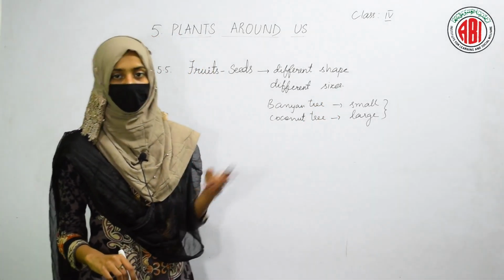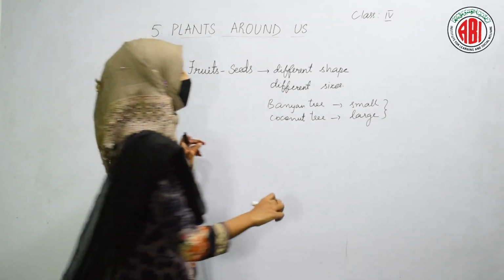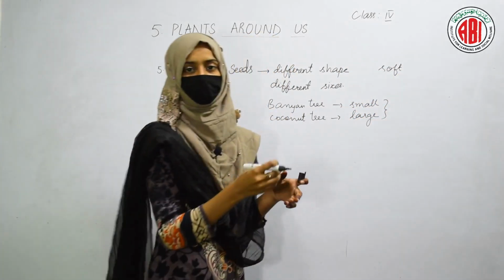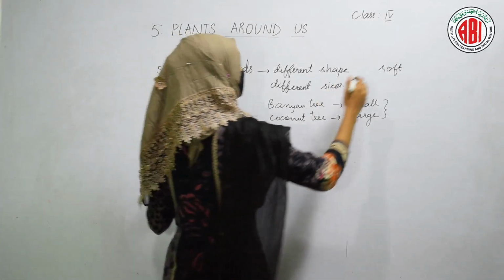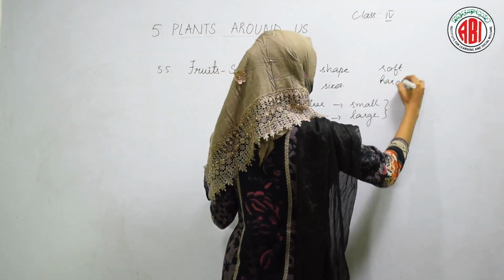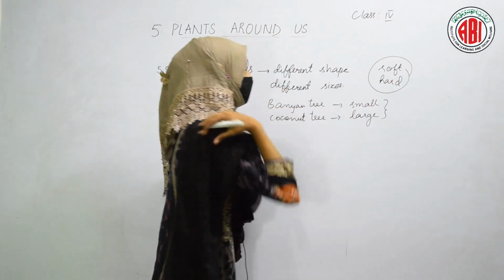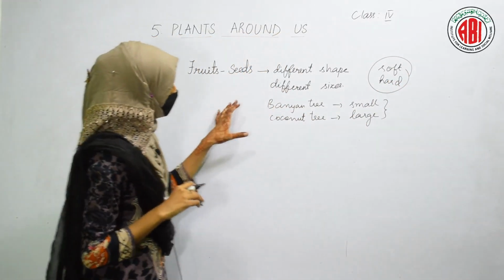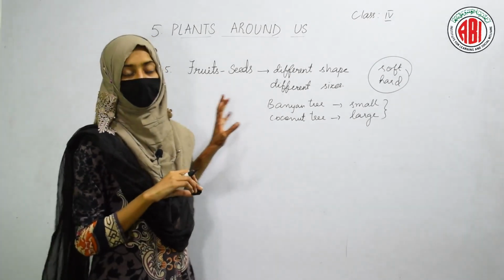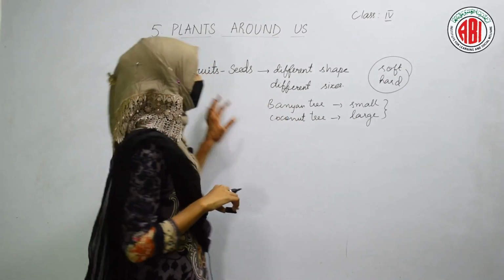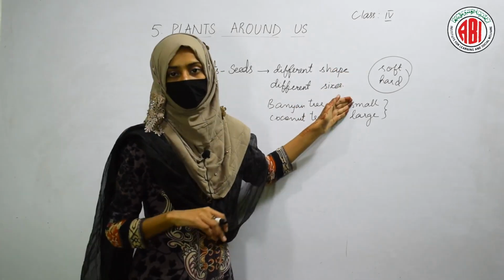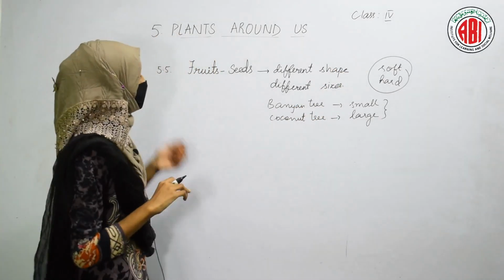Likewise, some seeds are soft in texture when we touch them, and some seeds are hard. So in this way, seeds are different in shape, different in size, and even different in texture. They will be small or large, soft or hard in nature.